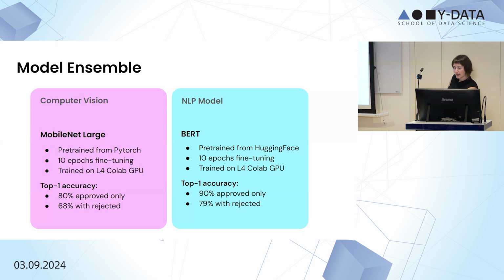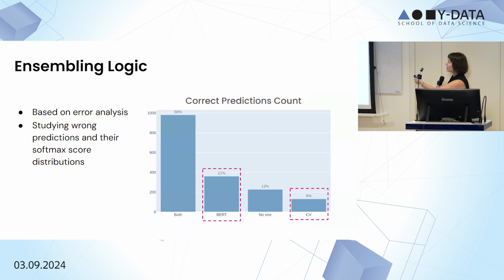So I kept it, and then the next question is, if we have two models, how do we make an ensemble out of them, how do we combine their predictions? So I combined their predictions based on the error analysis. I took a small test set, and I ran both models on it. And then I compared the errors.